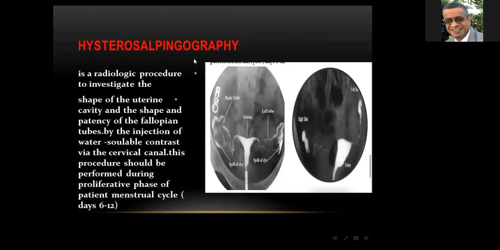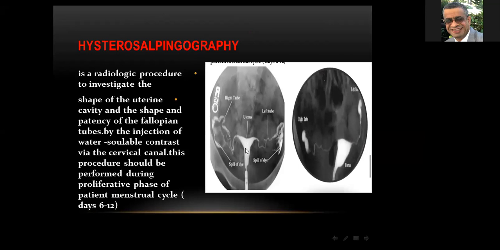The other important modality, hysterosalpingography, is the radiographic procedure to investigate the shape of the uterine cavity and the shape and patency of the fallopian tubes, by injection of water-soluble contrast media via the cervical canal. This procedure should be performed during the proliferative phase of the patient's menstrual cycle, between day 6 and 12.